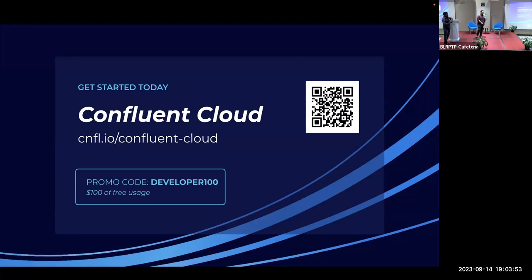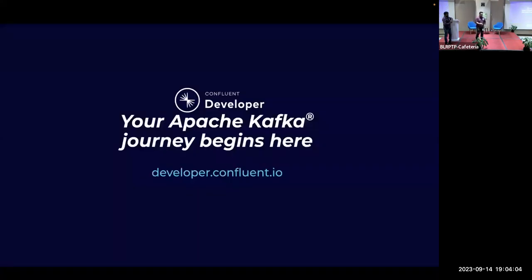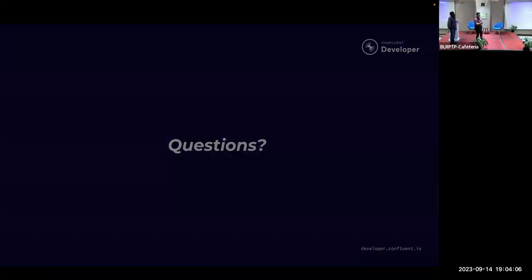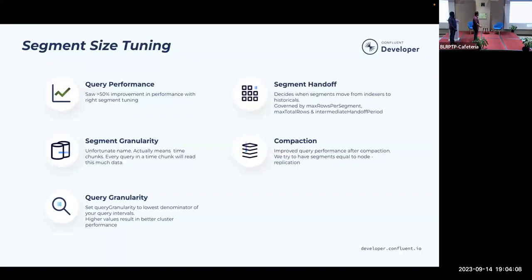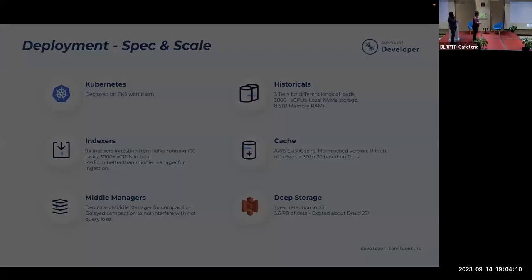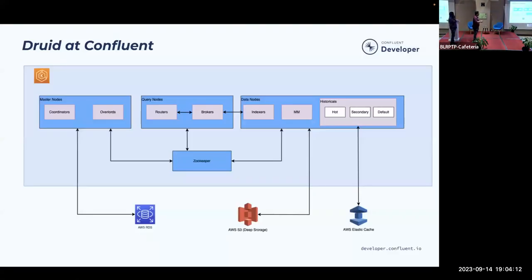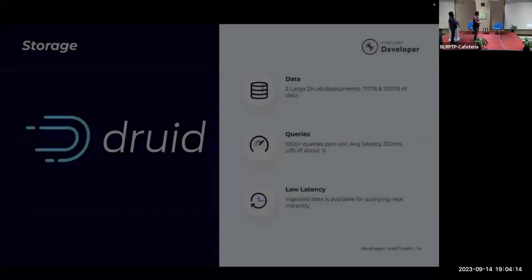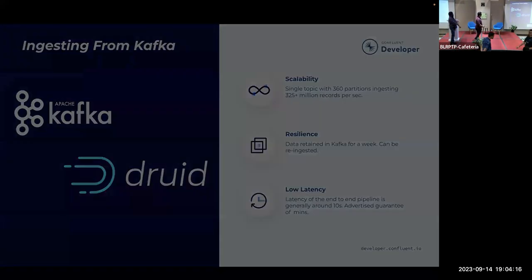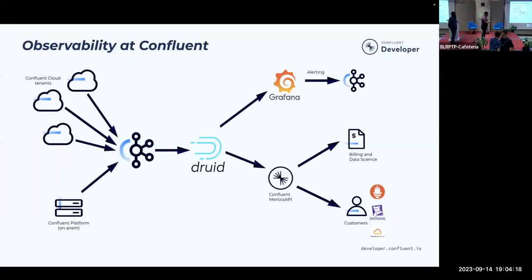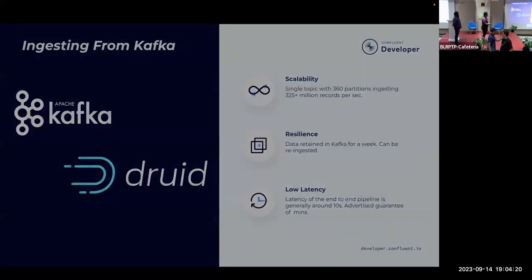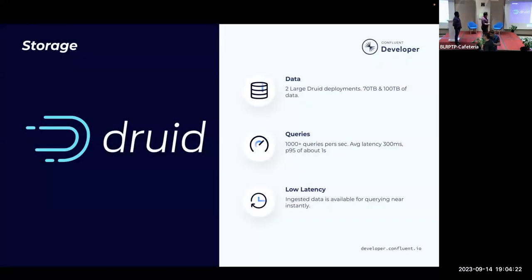I have a question related to the alerting slide. You showed that you use Grafana to query Druid and then send out the data to Kafka. Can you go to the architecture slide? The first one. Yeah. You use Grafana to query Druid to send out alerts.